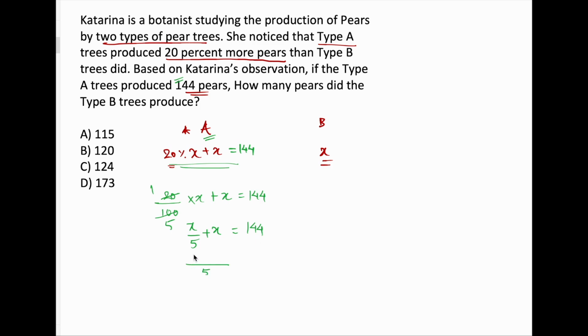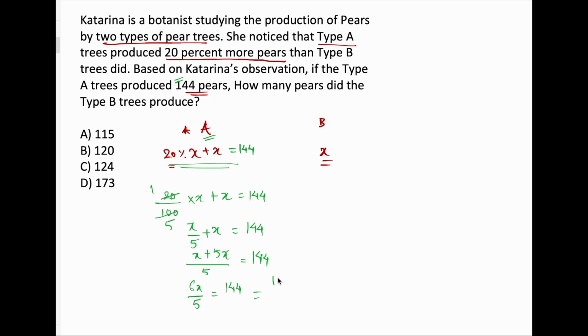So 6X divided by 5 equals 144. If you have any confusion regarding how I do these calculations, you can ask in the comment section and I can try to explain how it is done. It is pretty basic mathematics, so I assume that you know these things.